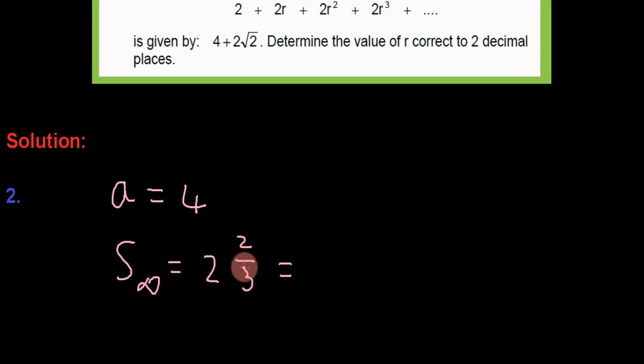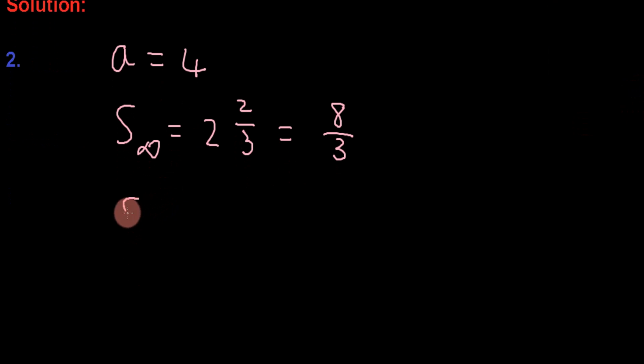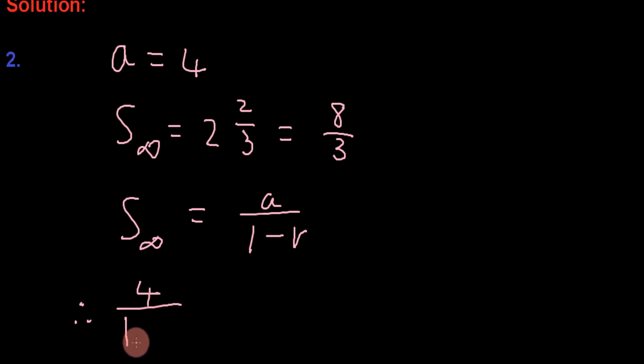And we can write this as 8 over 3. Now, we know that the sum to infinity formula is A over 1 minus R. So then A is 4. We don't have R. So 4 over 1 minus R must equal 8 over 3.